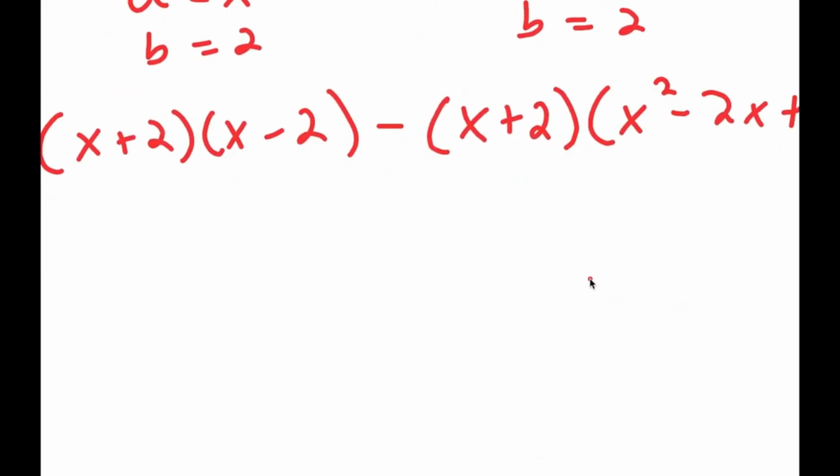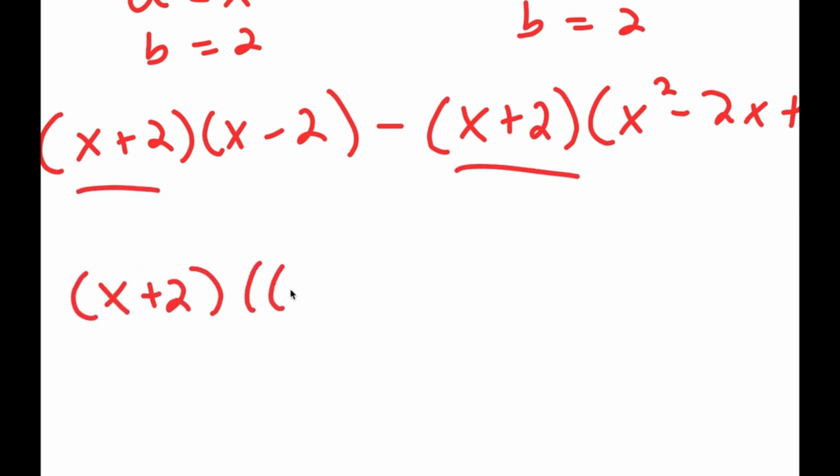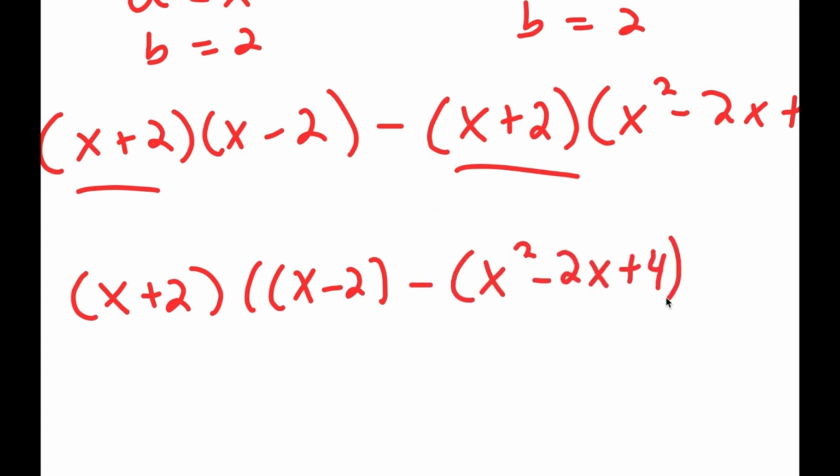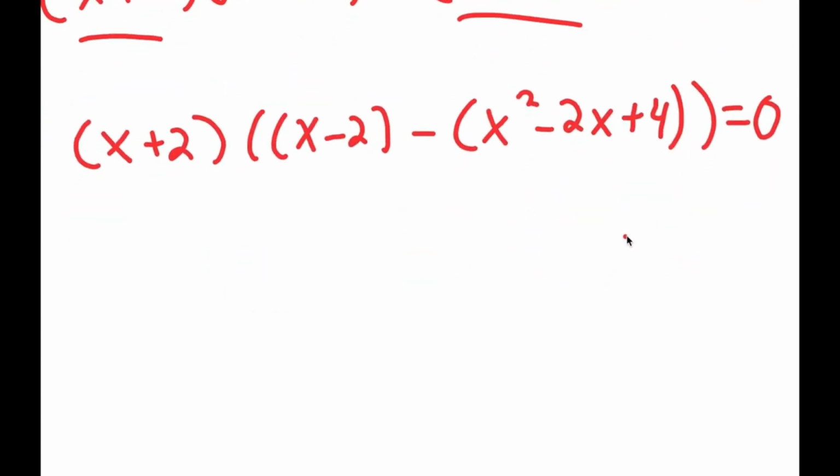Now from here, I can factor out x plus 2 because both of these terms have x plus 2. So I get x plus 2 times x minus 2 minus x squared minus 2x plus 4 is equal to 0. And from here, let me simplify this a little.